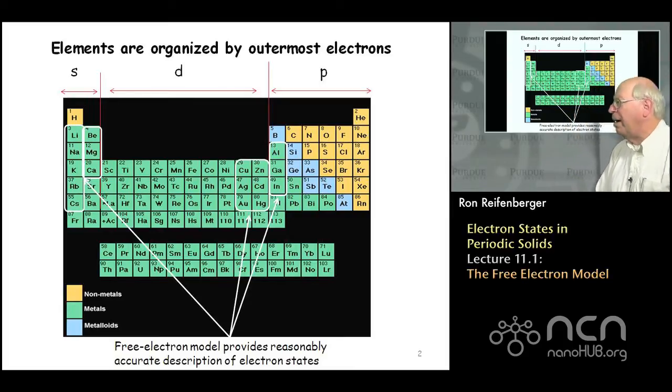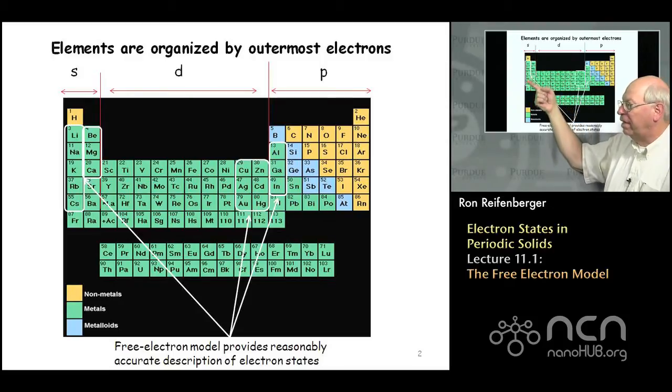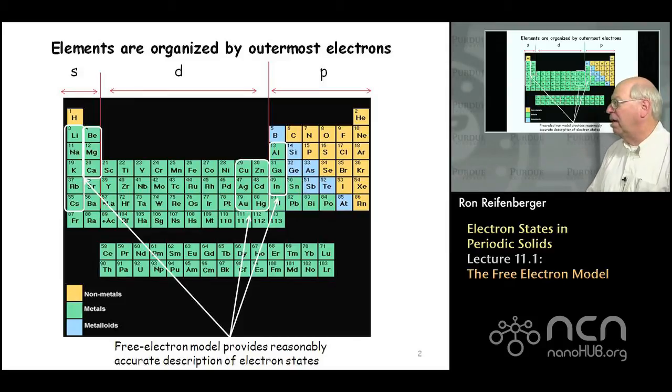The free electron model provides a reasonably good understanding of the metals that are indicated by the solid white blocks here. In particular, the free electron model is particularly effective in getting out the electronic states for metals in the first column of the periodic table.